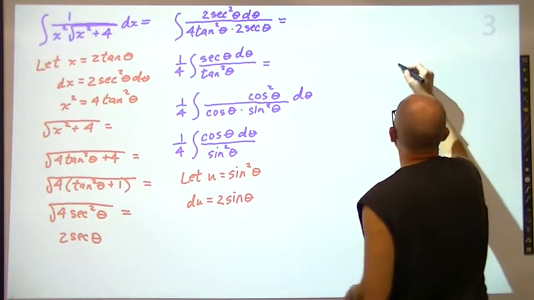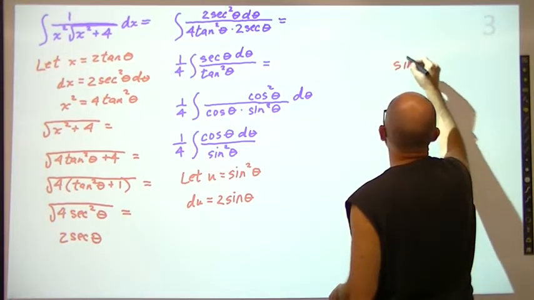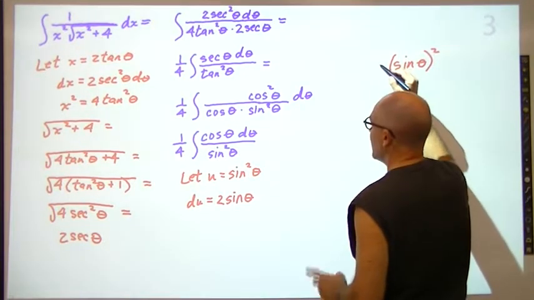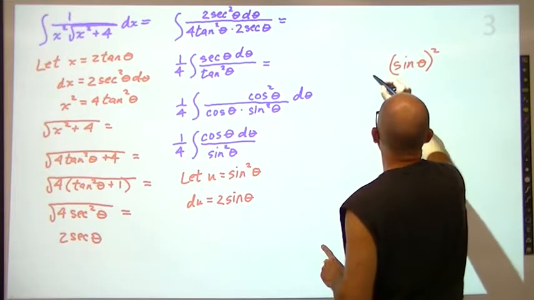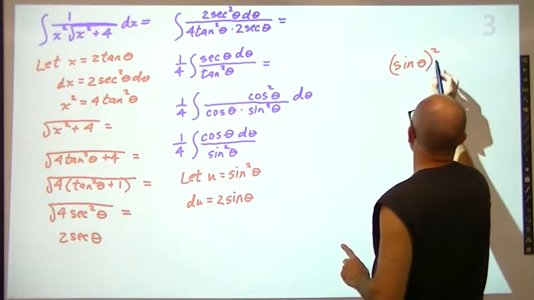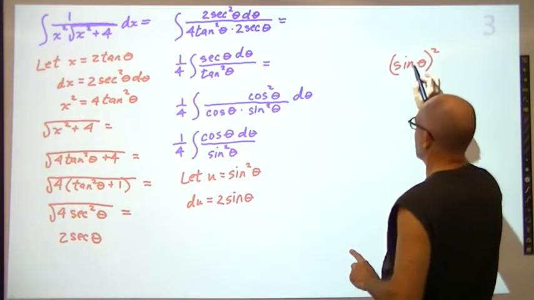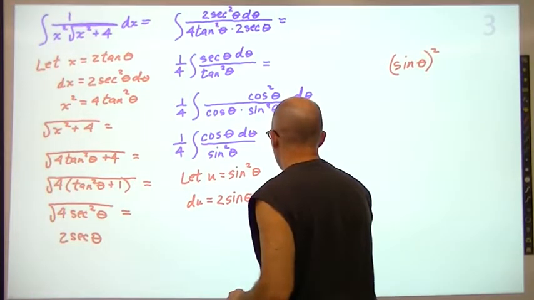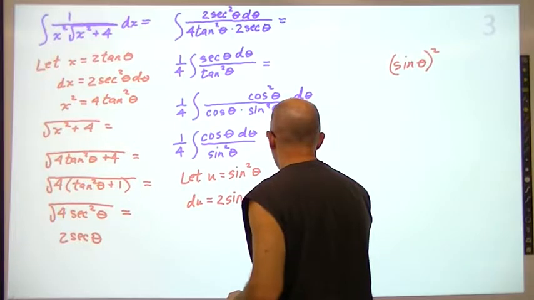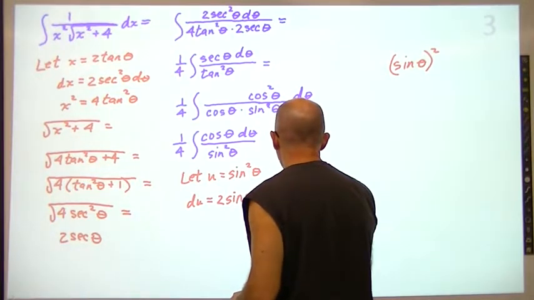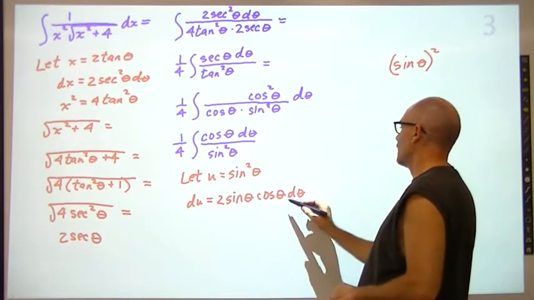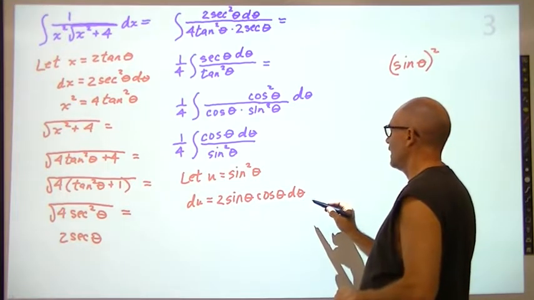Remember, sine squared theta is really sine theta squared. So when I take the derivative of that, it's going to end up being 2 sine theta times the derivative of the inside, which is cosine theta. Okay, so du is 2 sine theta cosine theta d theta.